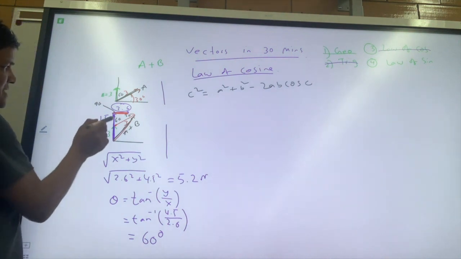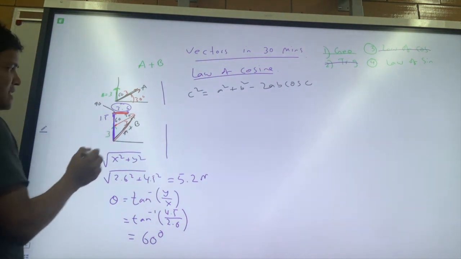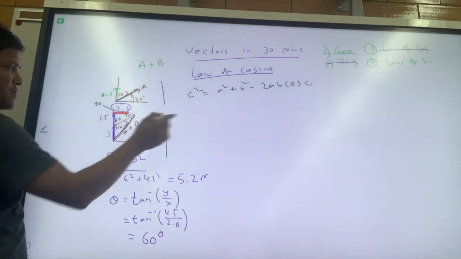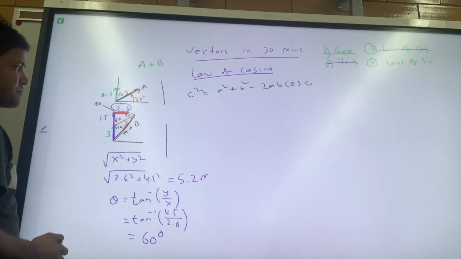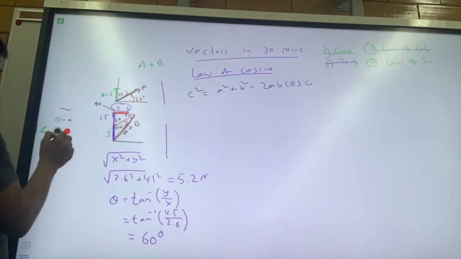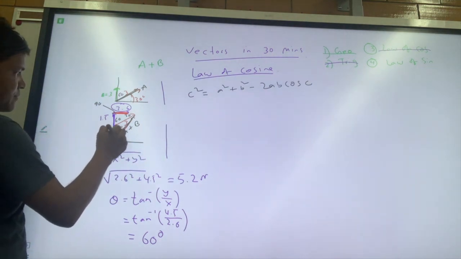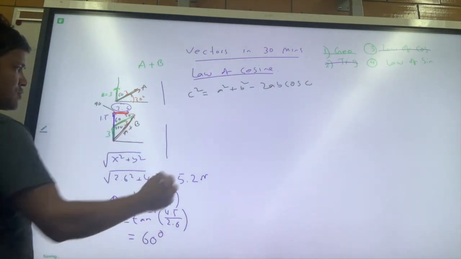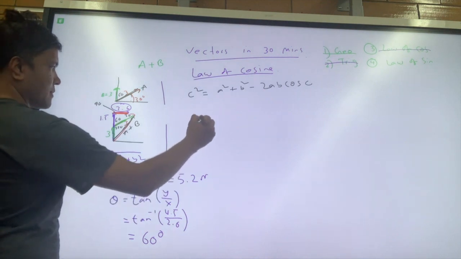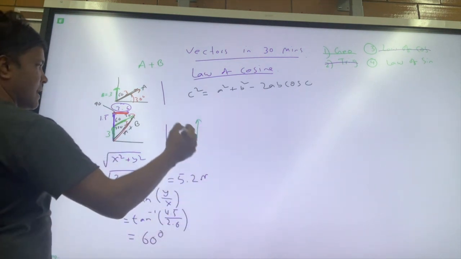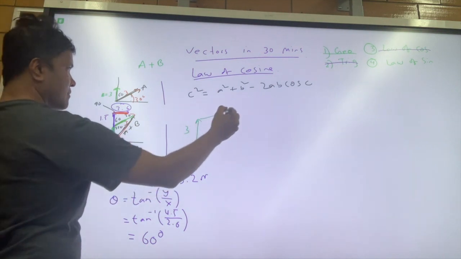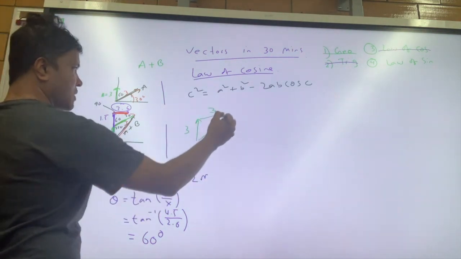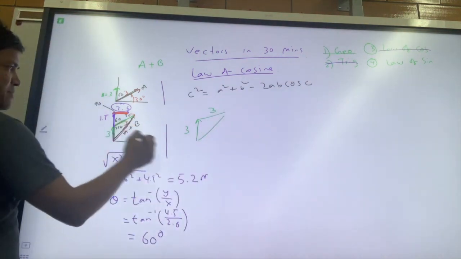So now, if this is 60, this must be 120. So I'm going to draw this over here. This is 3, this is 3, and this one is a plus b.